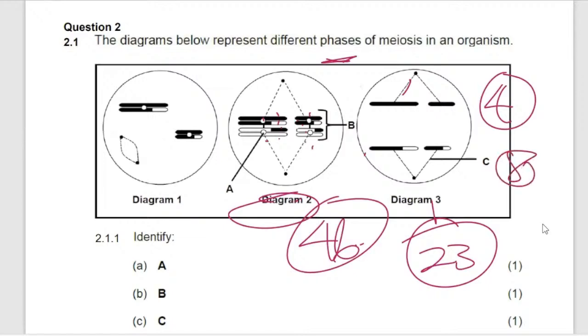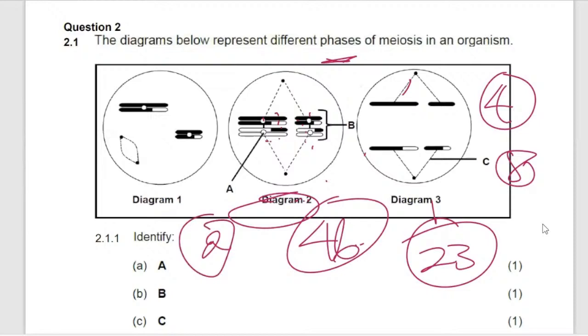How many chromosomes will be found at the end of division of diagram 2? Yes, because this is meiosis 1, since there are 4, therefore it's going to be 2. Yes, that's the number of chromosomes that will be found at the end of meiosis 1.